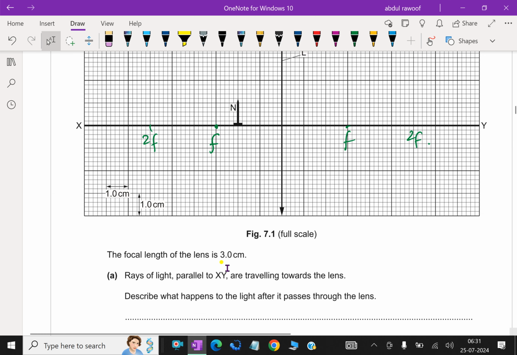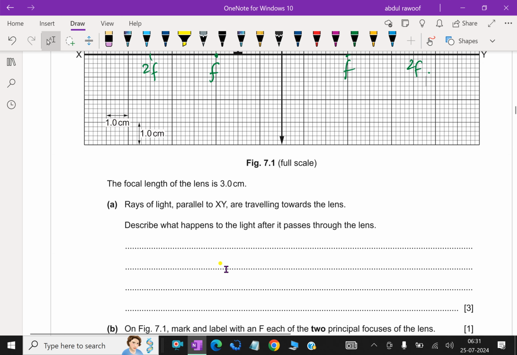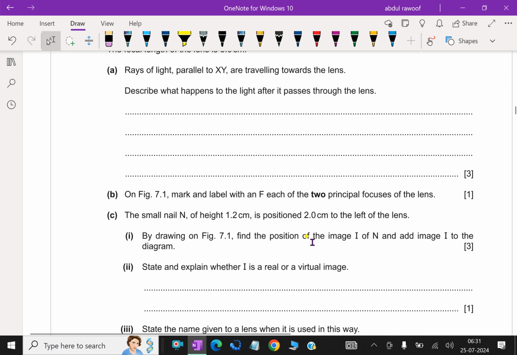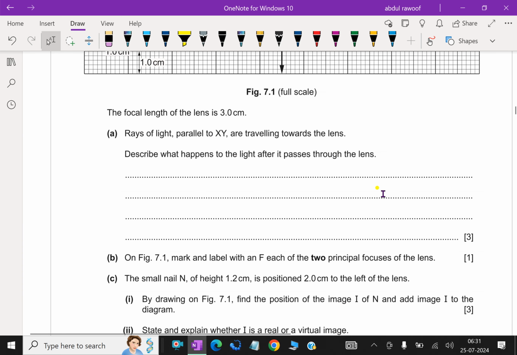Now, first one: the rays of light parallel to XY are traveling towards the lens. Describe what happens to the light after it passes through the lens. Now let us draw this. Look here.